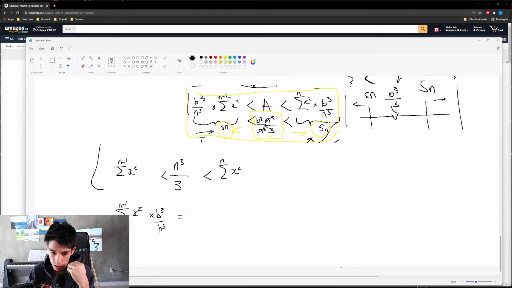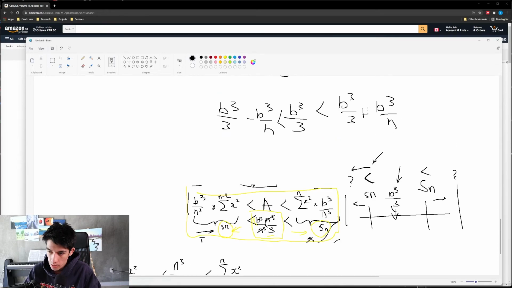This is the definition of Sn. So if we replace this term in that definition with something that's greater, we will have Sn being smaller than the new variant multiplied by b cubed over n cubed. And that will allow us to get this.